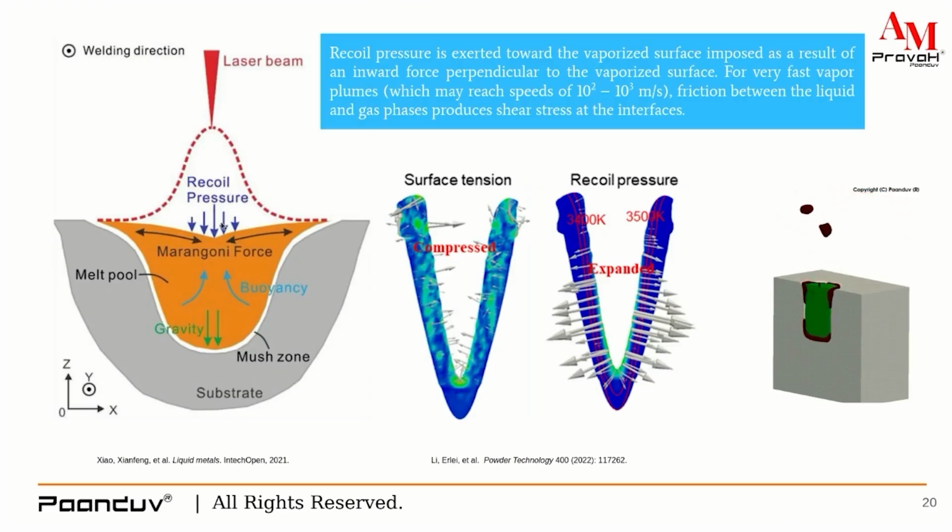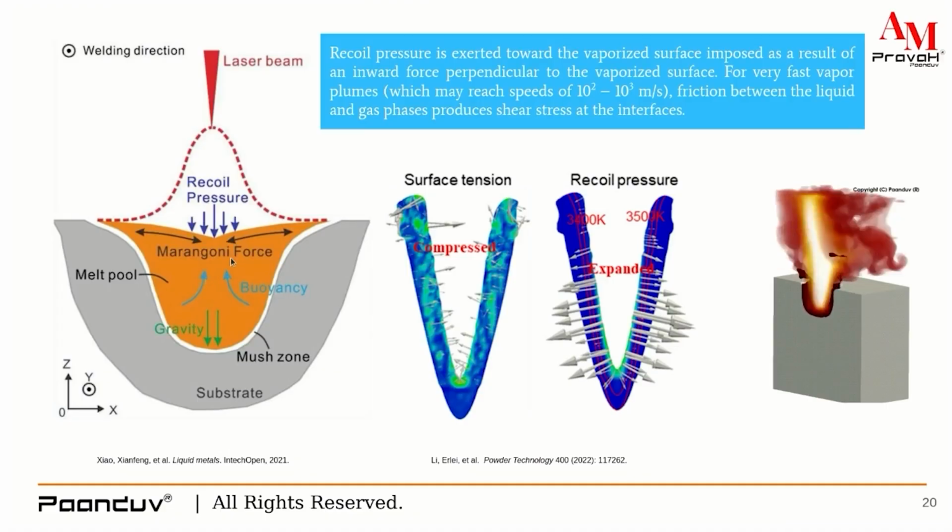Gravity also acts in the downward direction. The buoyancy force acts in the upward direction because it is an upward thrust that is applied onto an object which is in the liquid. And surface tension, which is a very important phenomenon, acts as a driving force for the fluid flow to happen.